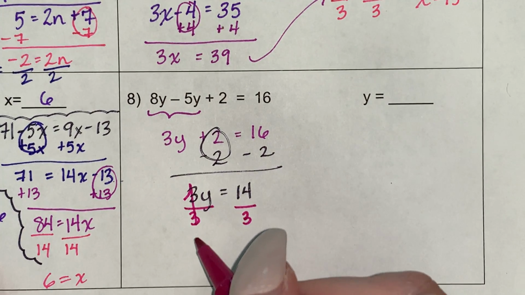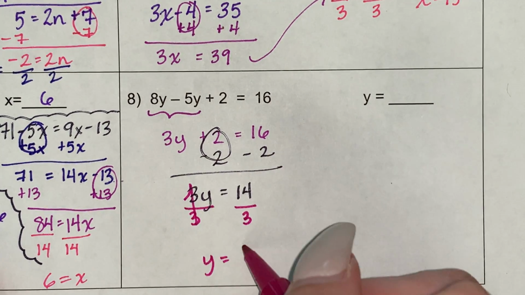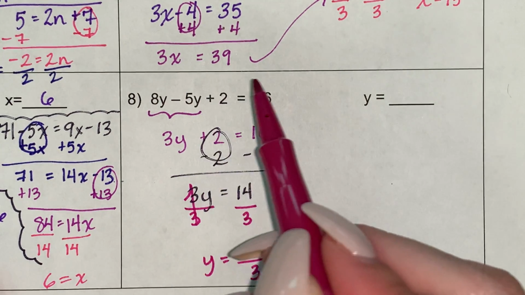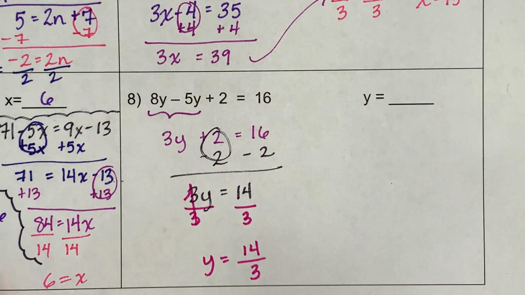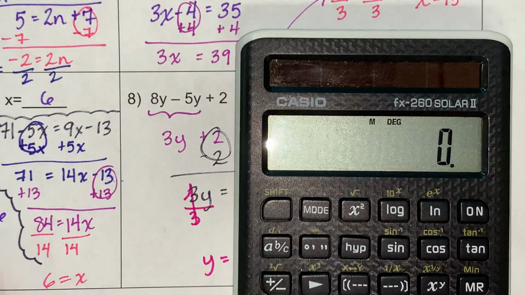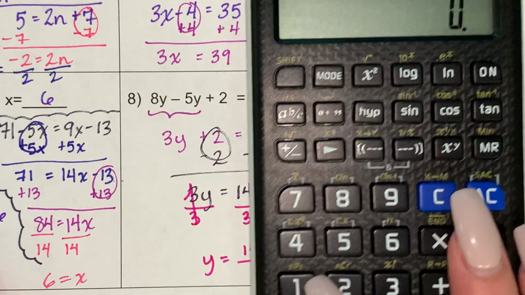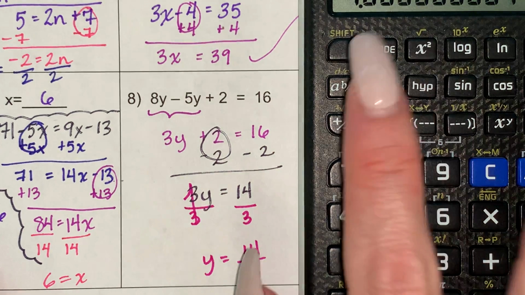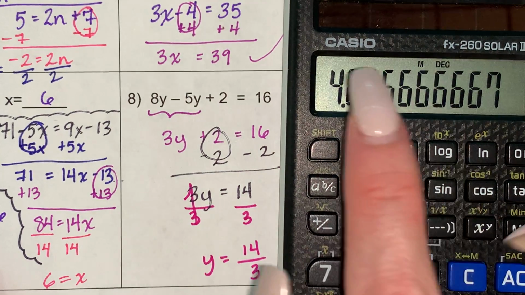What we can actually do here is just write the answer as 14 over 3. The question didn't tell us what to round to. If you put that in your calculator, let's see if the glare is too bad on this one. Oh no, that's great. So if I put 14 divided by 3 equals, you can see you get this repeating decimal.